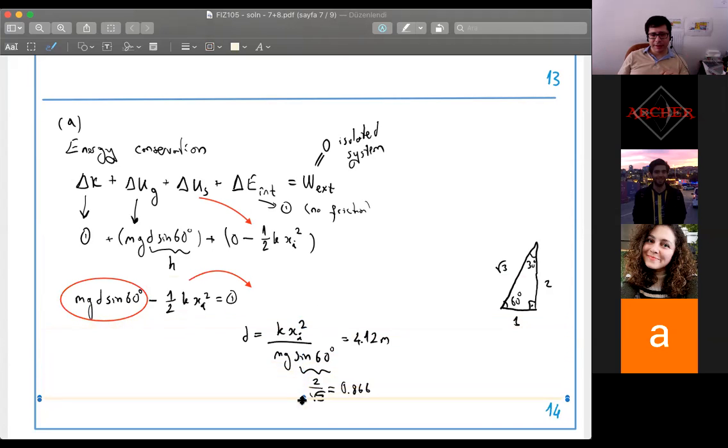Solve for D. Here it is, 4.12 meter. Here we had a sine 60, which is square root 3 over 2. And here's a triangle to help you remember those values.